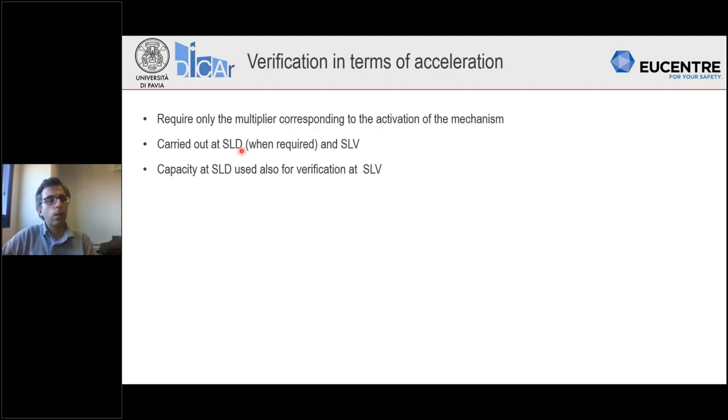You can carry out the verification at both the damage limit state, if required, and the verification corresponding to the ultimate limit state, SLV. However, the capacity at the damage limit state is used also for the verification at the ultimate limit state, so I will present also that one.